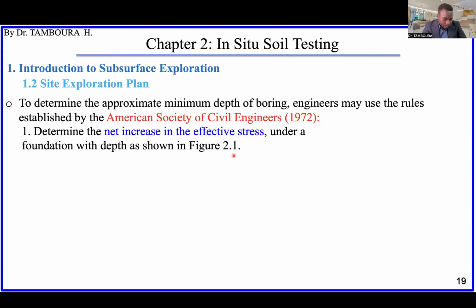Okay, first, you have to determine the net increase in the effective stress. When you are loading the ground, you are increasing the effective stress. And as I explained before, if you are going deeper, the increase of effective stress is decreasing.